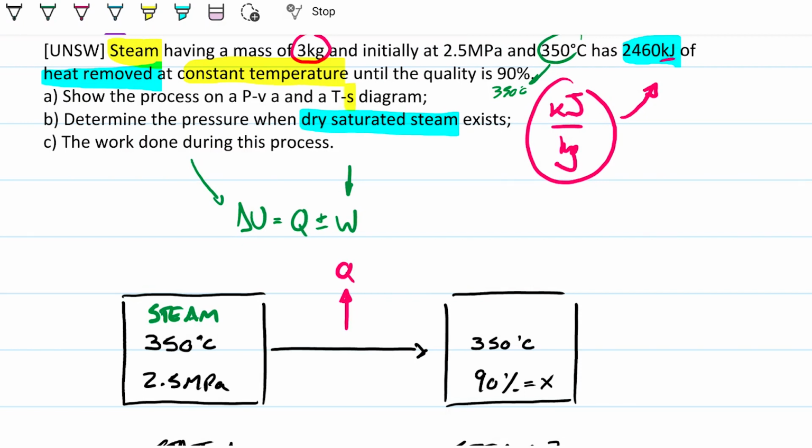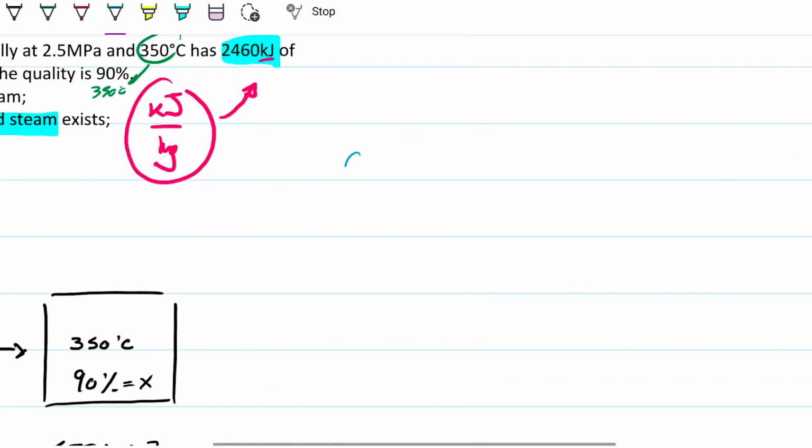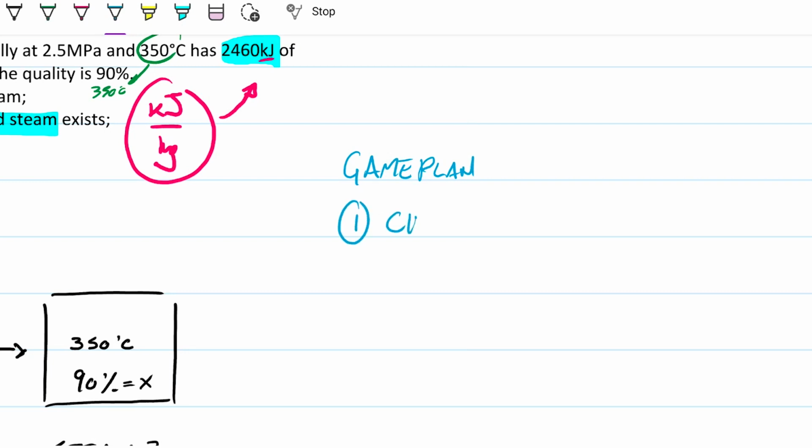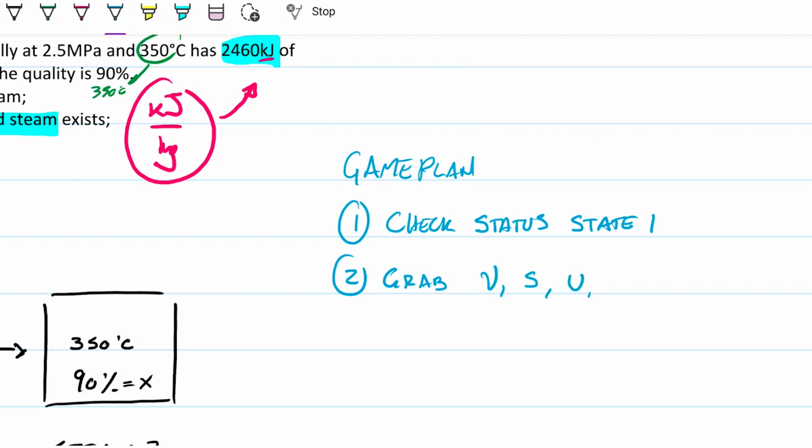So let's draw our game plan here. Game plan is: check status of state 1. It's probably a better word for that. State 1, grab specific volume, entropy, internal energy, and pressure for state 1.